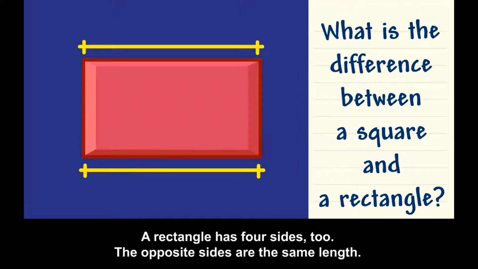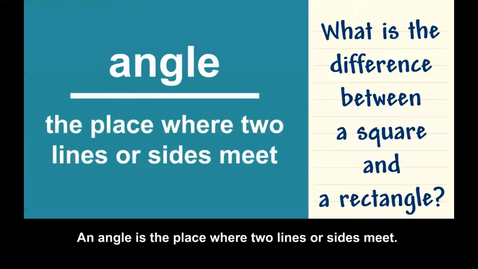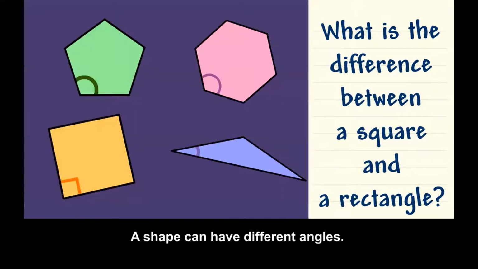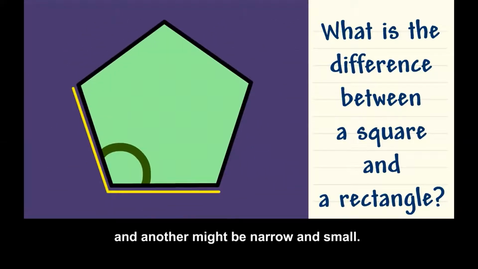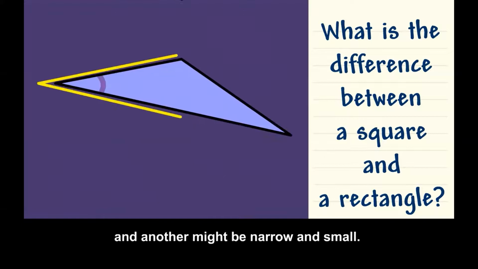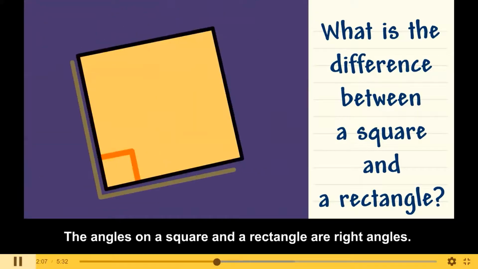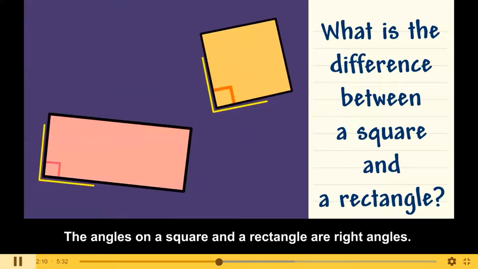The opposite sides are the same length. An angle is the place where two lines or sides meet. A shape can have different angles. One angle might be big and wide, and another might be narrow and small. The angles on a square and a rectangle are right angles.